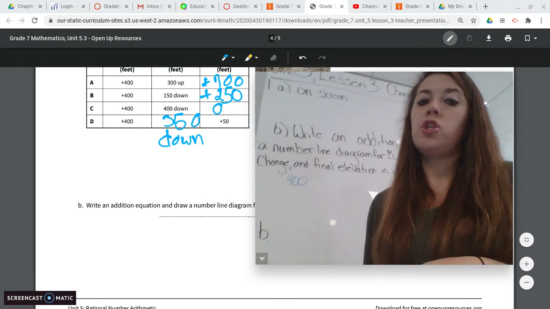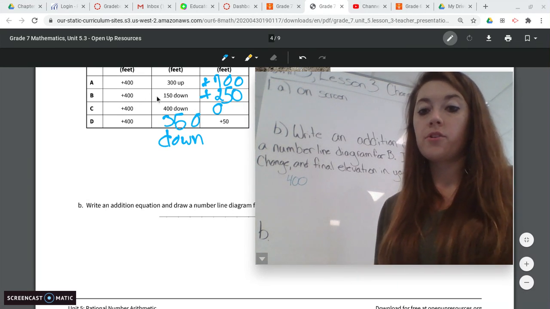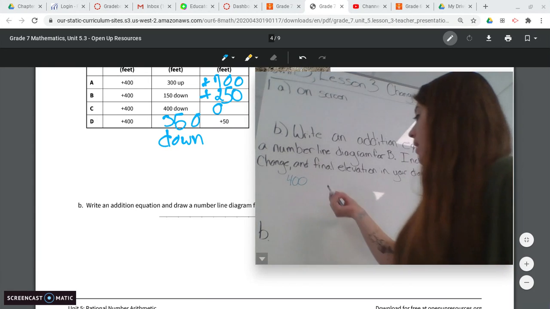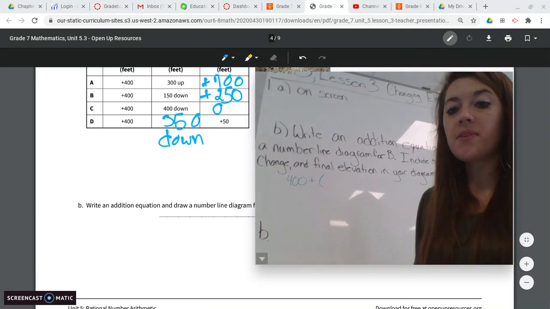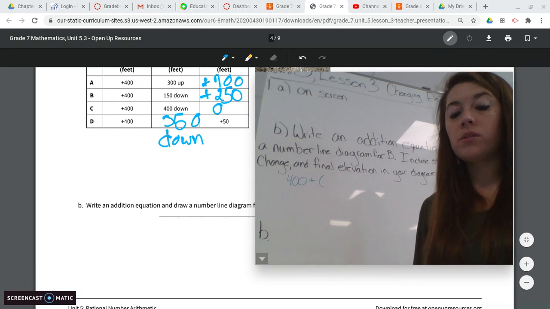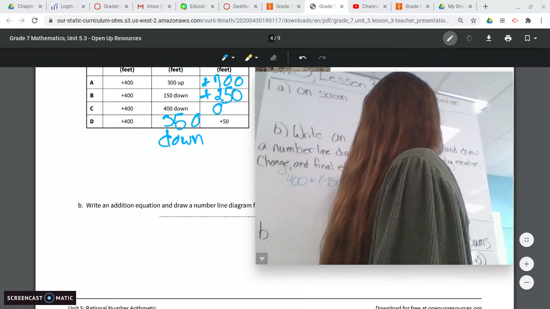Our change in elevation was the down 150. Like it says, we want an addition problem, so we're going to put plus, but then we're going to use parentheses because how would we represent down 150? Well, what would we do to get to the 250? We subtracted that 150, so we're going to put a negative 150 here.